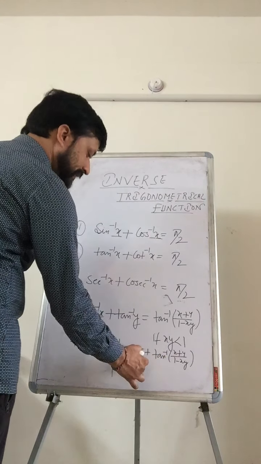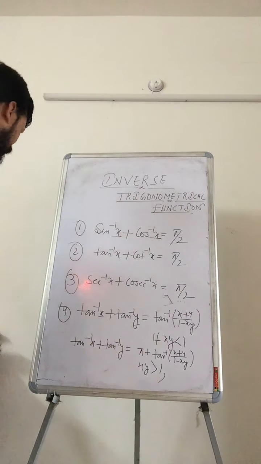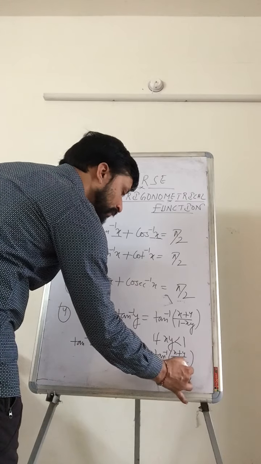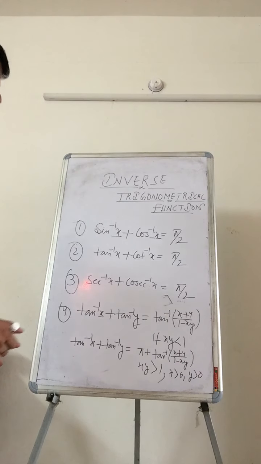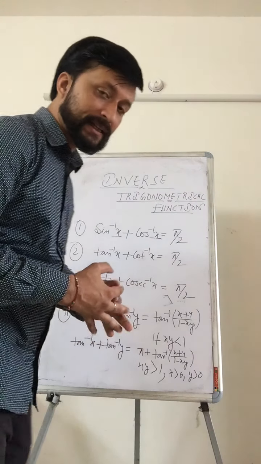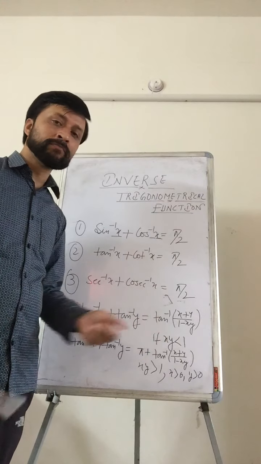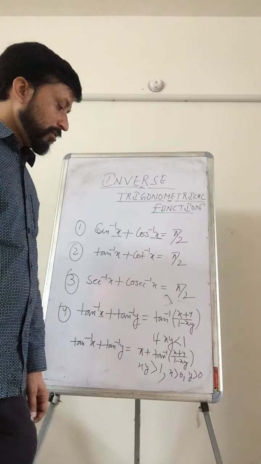When the product is greater than 1, provided more conditions hold: x is greater than 0 and y is greater than 0, because we may get a positive product when both the numbers are negative. Negative into negative is positive, okay, clear, understood?